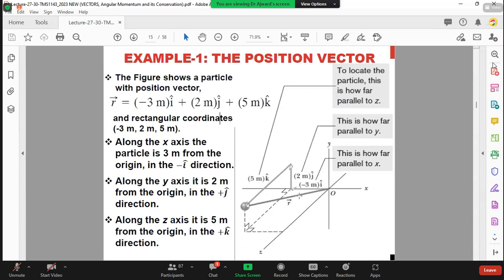So if you have a displacement vector R, here you see the arrow R, you can write it in terms of unit vectors. R equals the distance along the x-axis, the distance along the y-axis, and the distance along the z-axis, but you cannot just add them because these are vectors, perpendicular to each other.